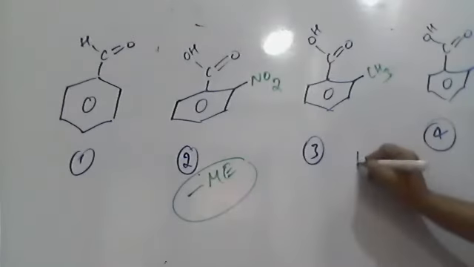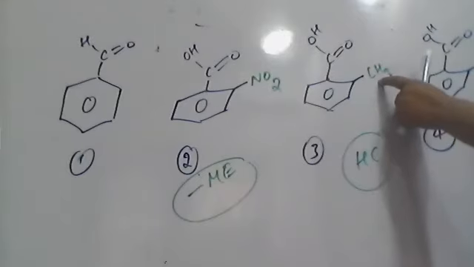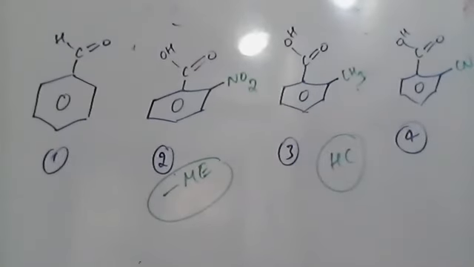It shows hyperconjugation, because this methyl carbon contains alpha hydrogens. And next here I'm putting cyanide. So now here also same, the cyanide has a minus Me effect.